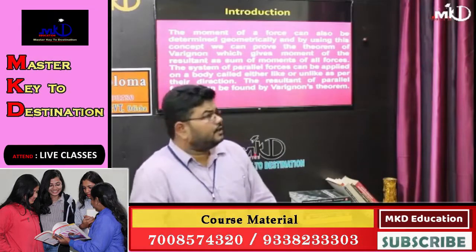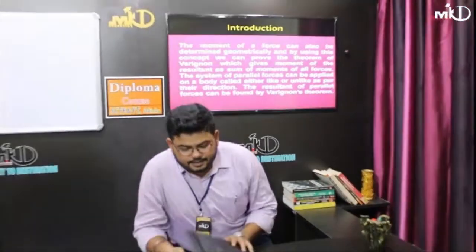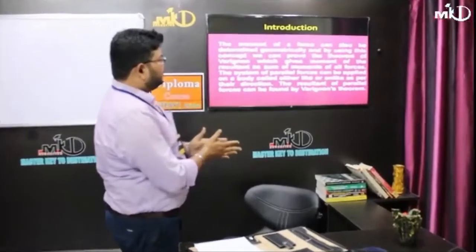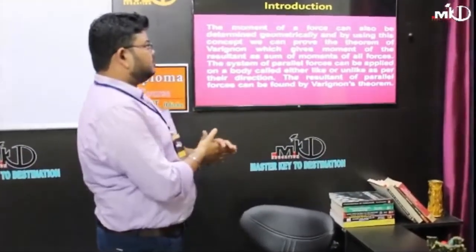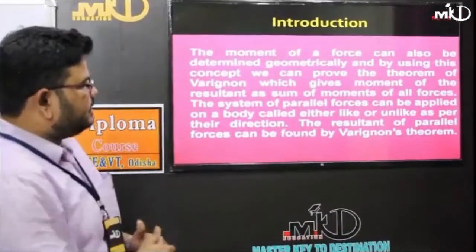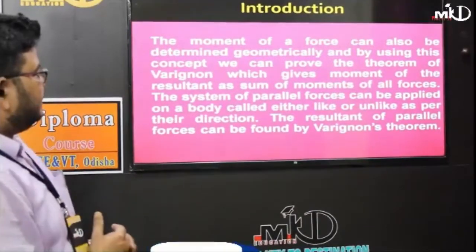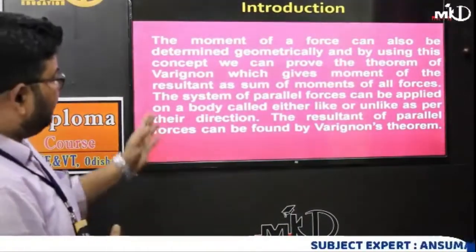So first of all, let us discuss how a moment is represented graphically. First we will learn that the moment of a force can also be determined geometrically. So we will first see the graphical representation of a moment, then we will go to Varignon's theorem.